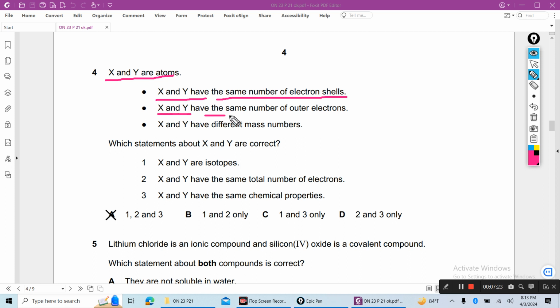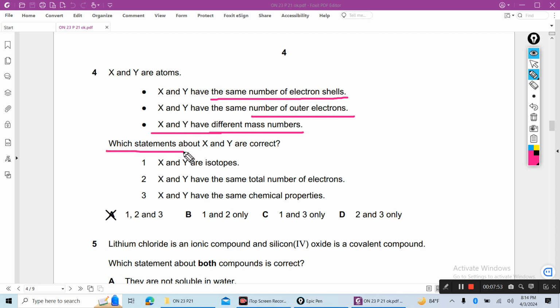X and Y have the same number of outer electrons, and X and Y have different mass numbers. So the number of shells is the same, outer electrons are the same, but the mass number is different.